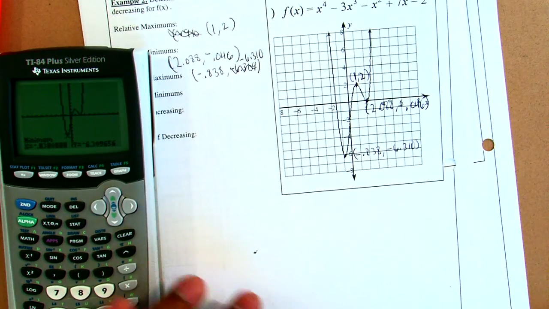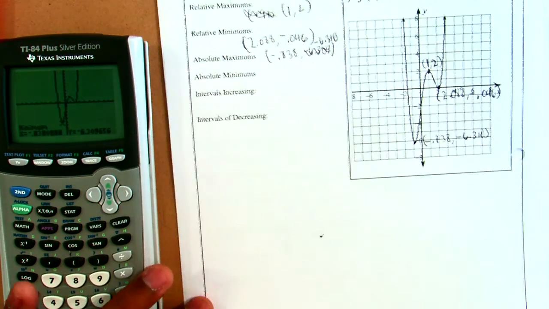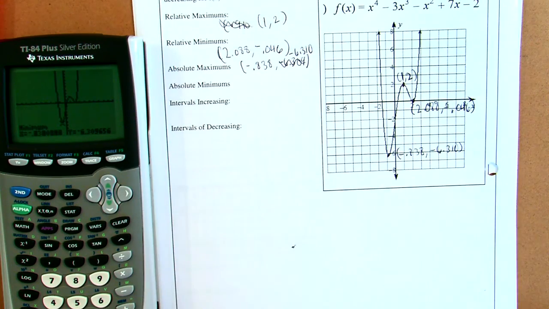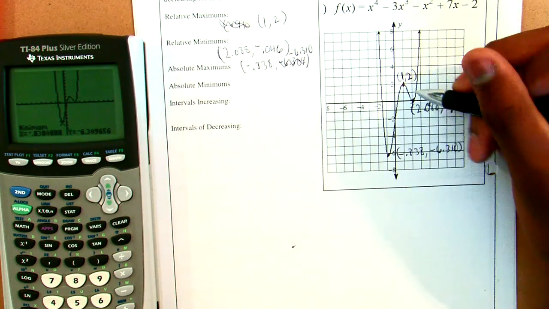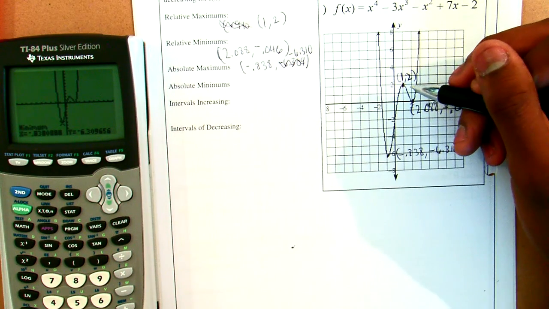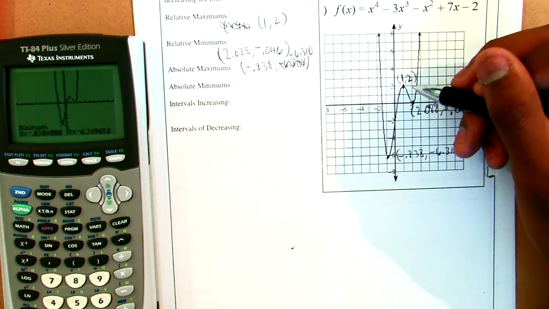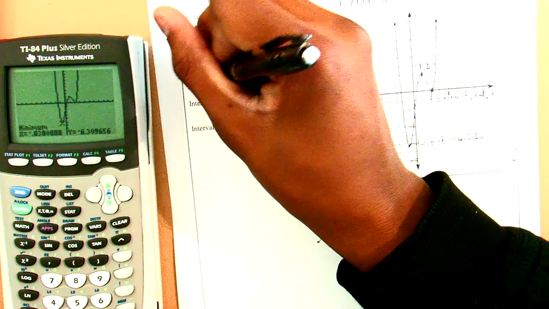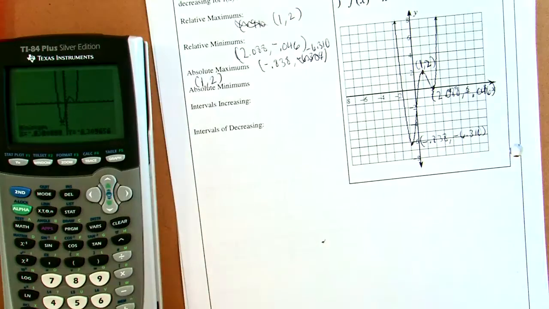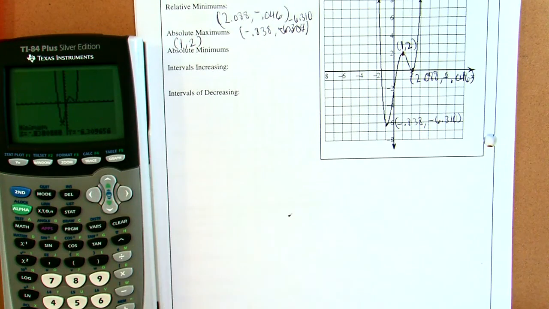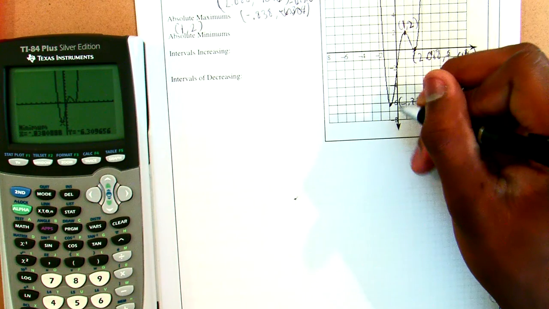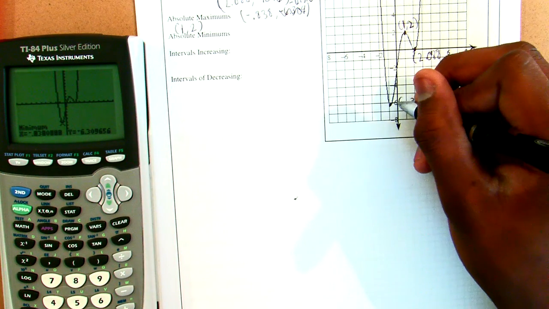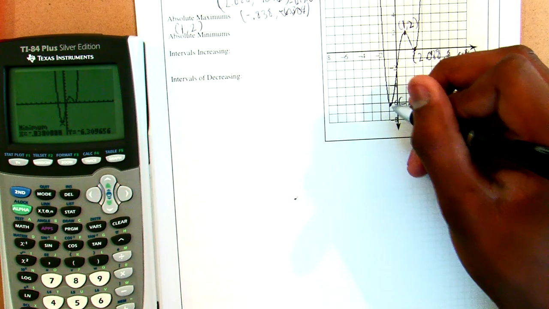Now as for the absolute maximum, you go to the graph and find the absolute maximum, and 1, 2 is the only maximum we have, so it's the highest maximum we have. So it's going to be 1, 2. Now they ask you for the absolute minimum, so you have to look for the lowest point. Since this one's farther down on the negative axis, this is the point right there.